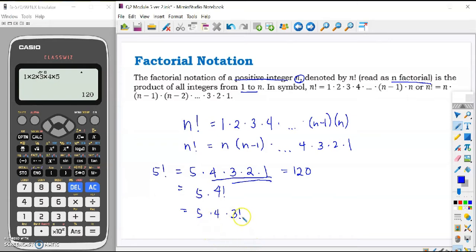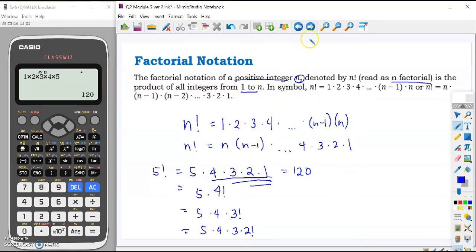Still, this is equal to 5 factorial, and it's also equal to 120. Lastly, we can write 5 factorial as 5 times 4 times 3 times 2 factorial, which if we simplify, is still equal to 5 factorial, or 120. That's how wonderful we can play around with integers in factorial notation. But again, we have to rely on the definition when we are confused.